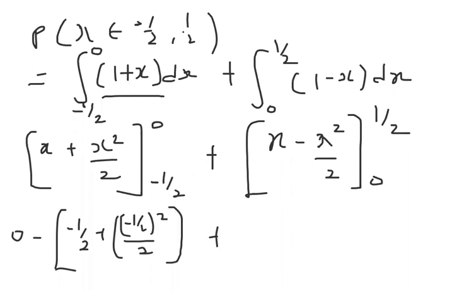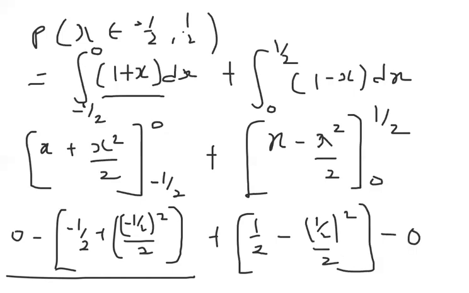The second expression gives me half minus half squared all over 2, minus 0. When you finalize everything, you are going to have 6 over 8, which is the same as 3 over 4. That's when you simplify.